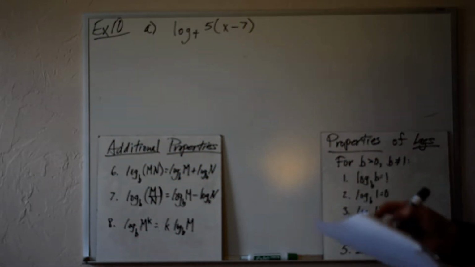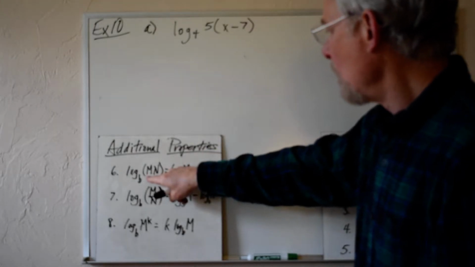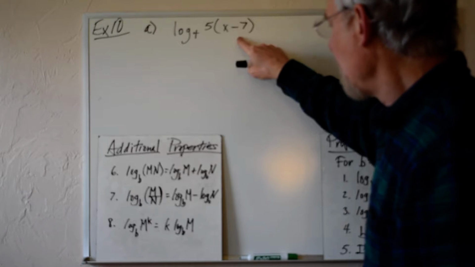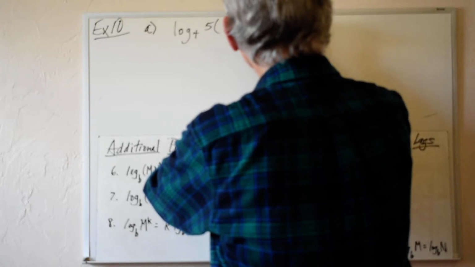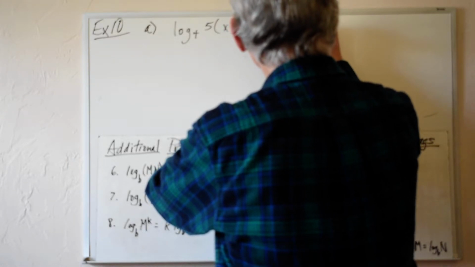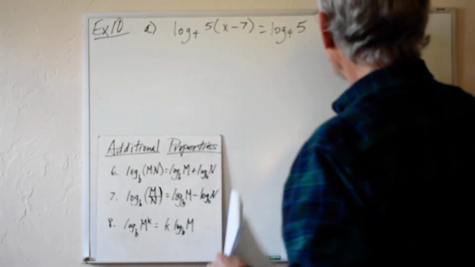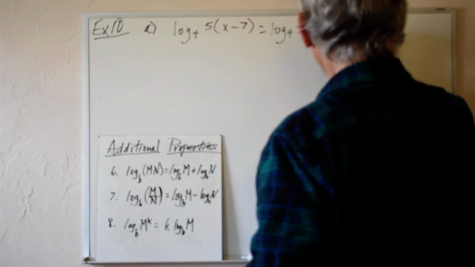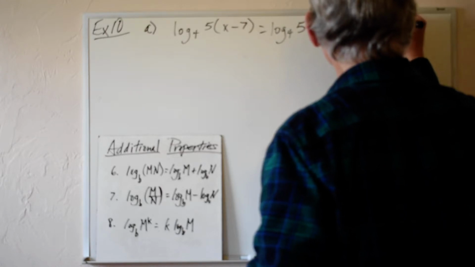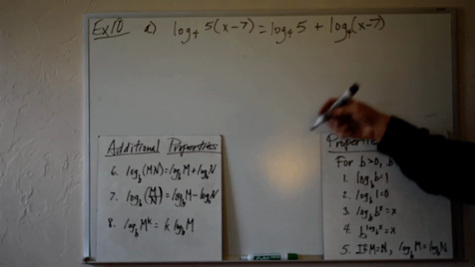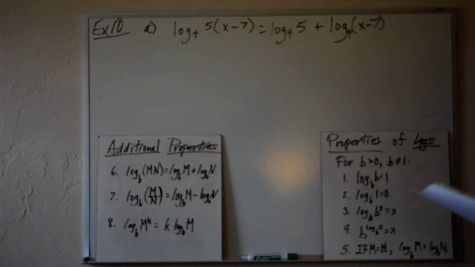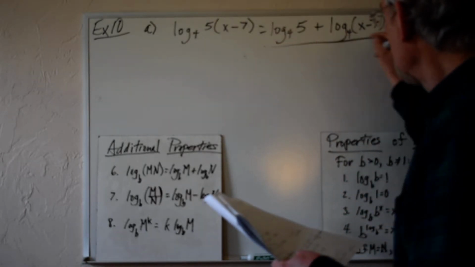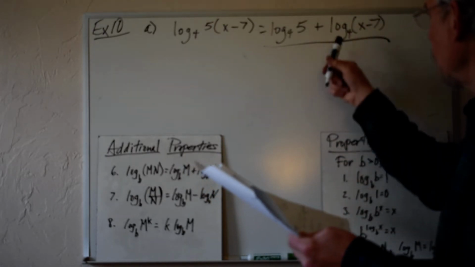I see 5 is playing the role of the big M here. X minus 7 is playing the role of the n. So if I apply this property, that's true, right? That's how I break it up into an addition problem. I'll underline that as my final answer. There's nothing more that can be done with that.